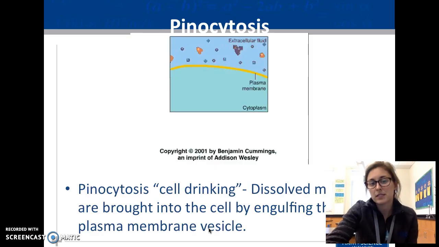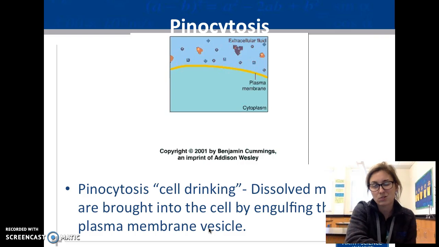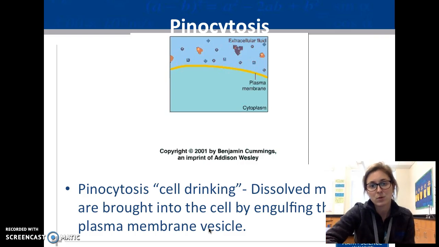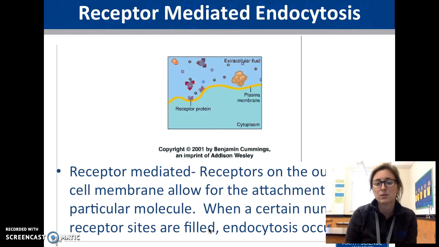Pinocytosis is cell drinking. It takes dissolved molecules that are brought into the cell. It also engulfs liquid. So phagocytosis is mostly what we consider food or large chunks of stuff. Pinocytosis is going to be liquid with dissolved particles. The last type is receptor-mediated endocytosis.